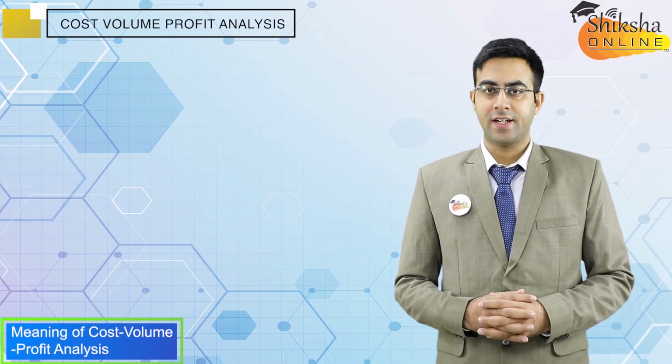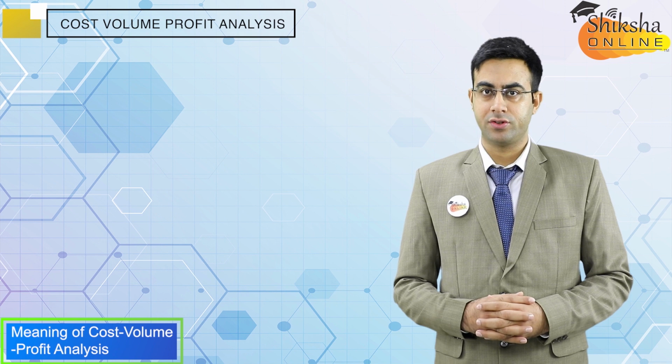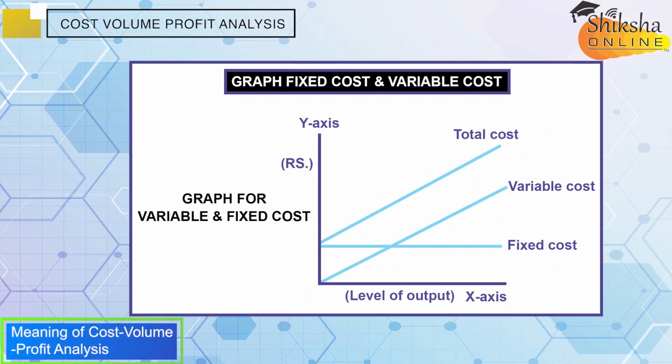So now let's understand how to prepare the graph of fixed cost and variable cost. As you can see on screen, the amount of fixed cost is the same. You can see the fixed cost line which is constant and not changing with the change in the level of output. Even if we do not produce any unit, fixed cost will remain the same.